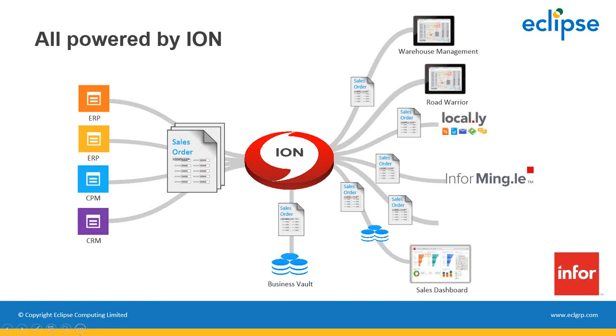So Ion really is just the way that all of these business documents are recorded and ultimately delivered. If we look at the things on the right-hand side, they can be delivered in a number of ways, through things like dashboards, through mobile applications, and in the common workspace that we'll be looking at today, which is Infor Mingle.